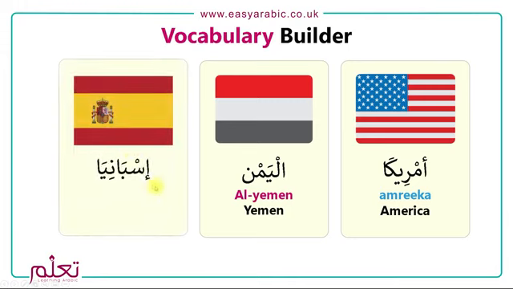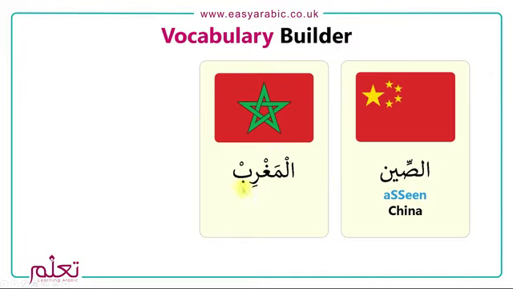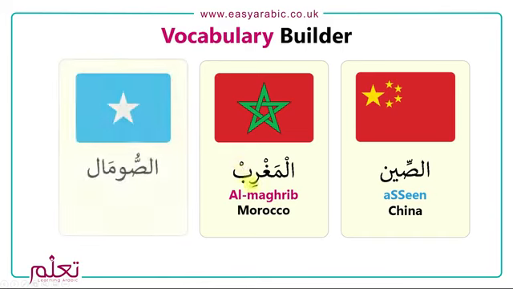Then we have Hispania, which is Spain. So America, Al-Yemen, Hispania. Then we have China, which is As-Sin. Then we have Al-Maghrib, which is Morocco. And then we have As-Somal, which is Somalia. So As-Sin, Al-Maghrib, As-Somal. Okay.